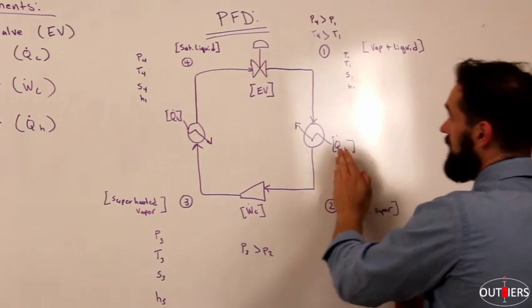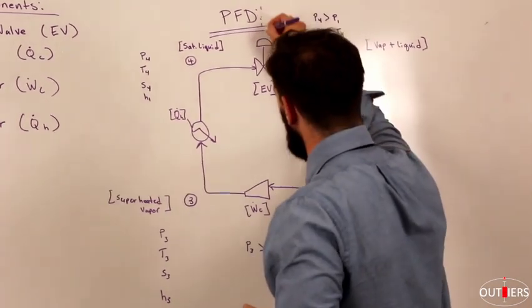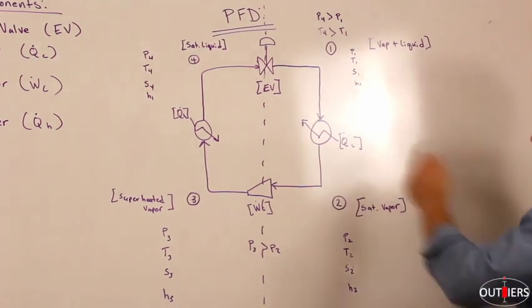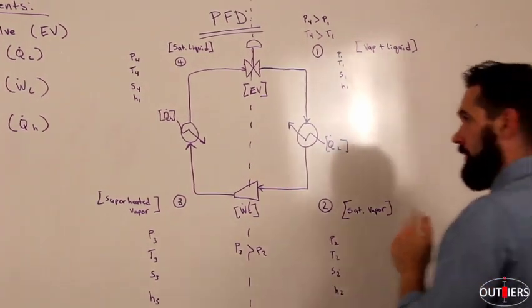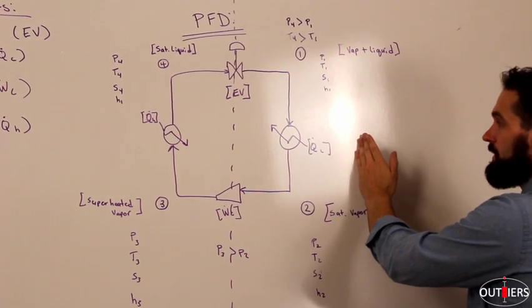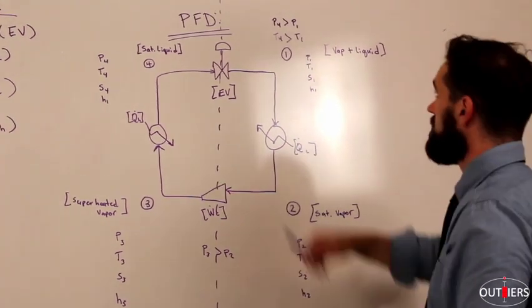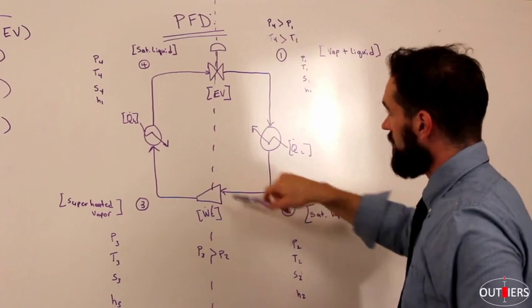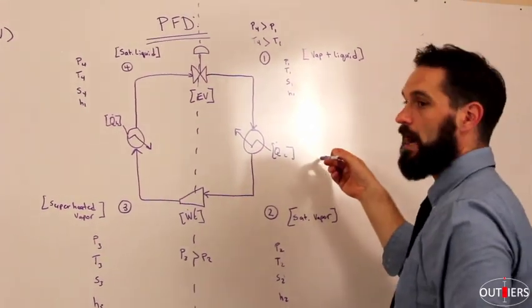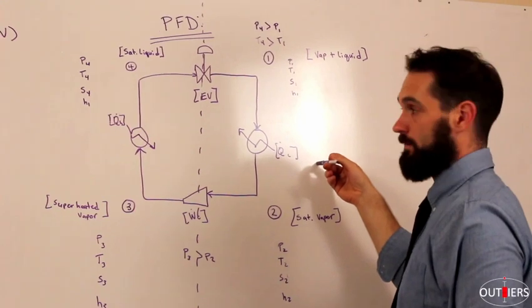So over here, if we were to divide our cycle in half, what we have over here is our cold side. Why do we call this our cold side? It's because the temperature of our working fluid over here is colder than the environment in which it's removing heat from.